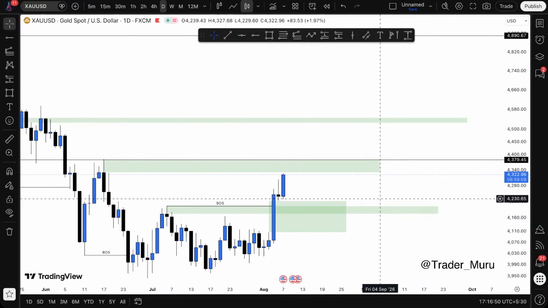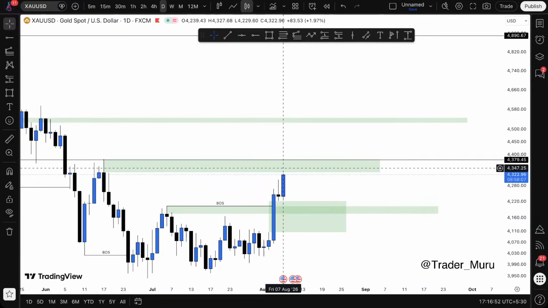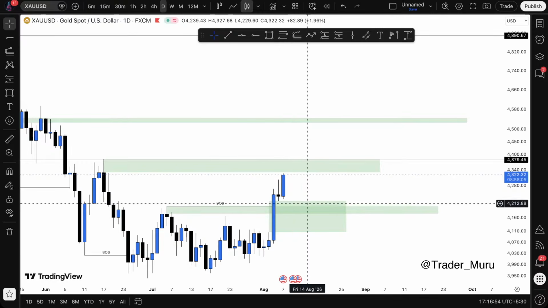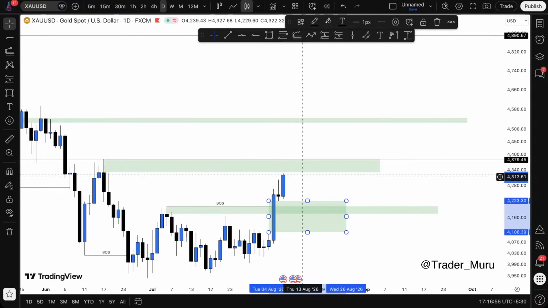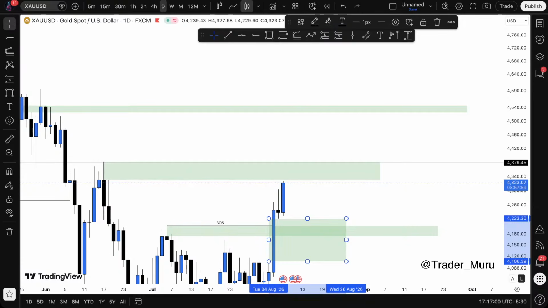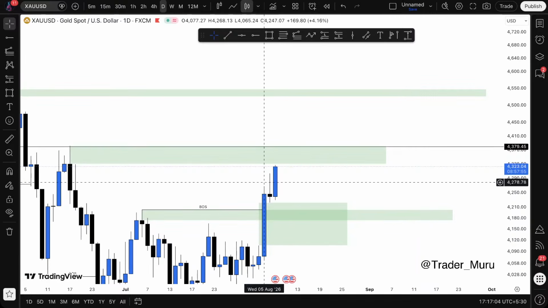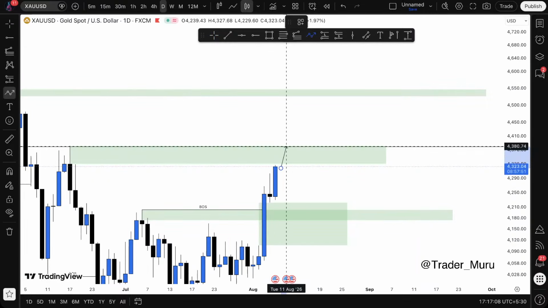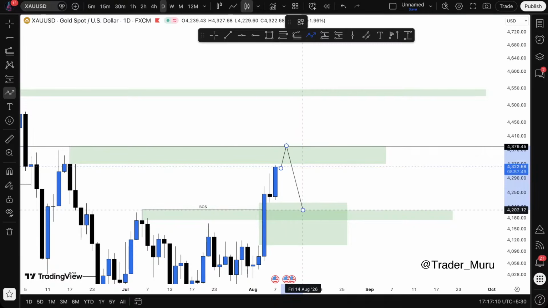So if price rejects from this area, we can target this FVG for a drop below yesterday's low near 4223. So possibly we will be watching gold for short from here till this target.